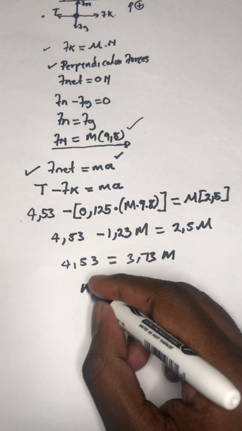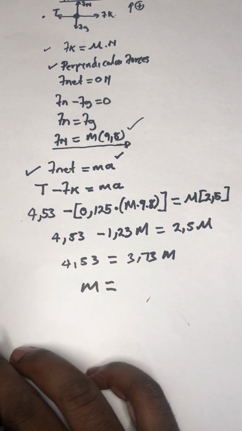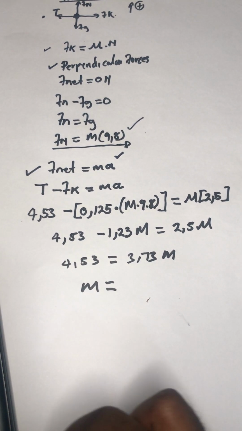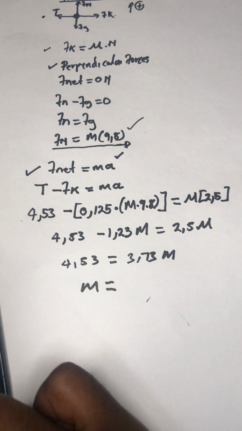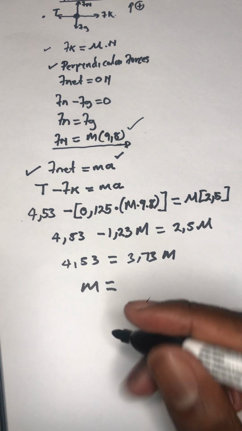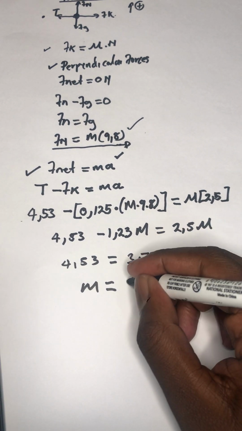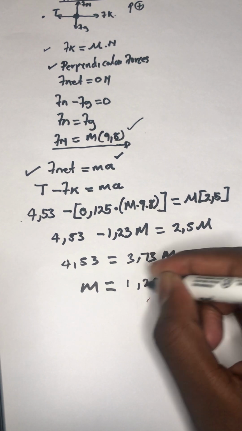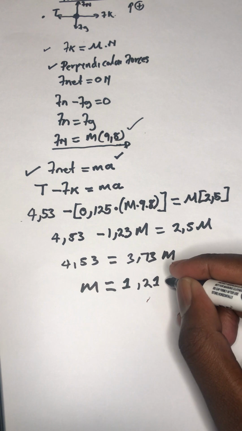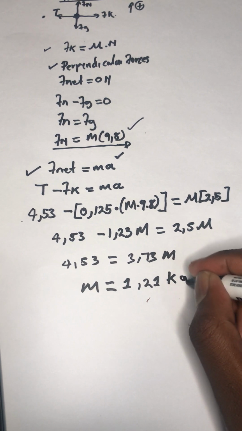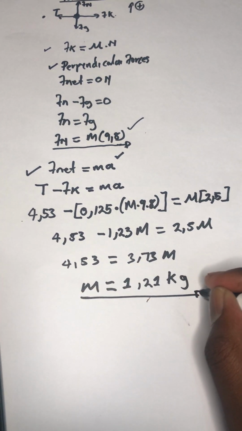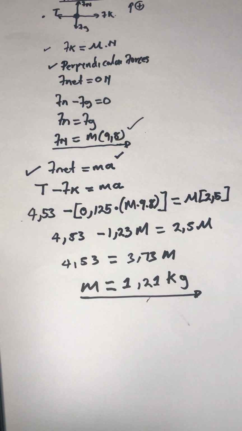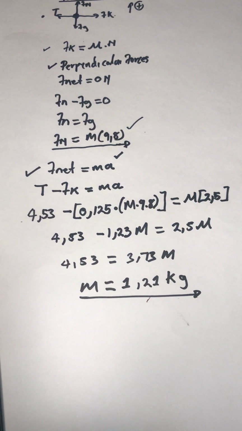Then we divide. m is equal to 4.53 divided by 3.73, which is 1.21 kg.